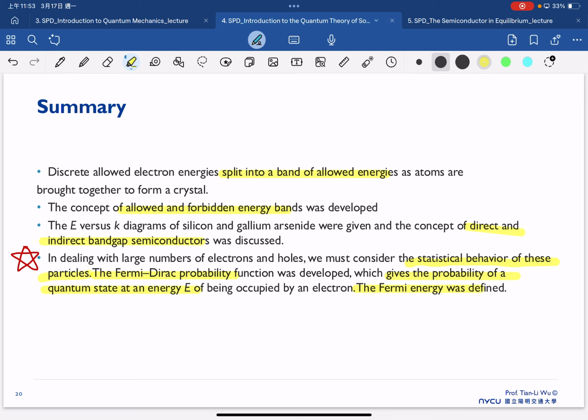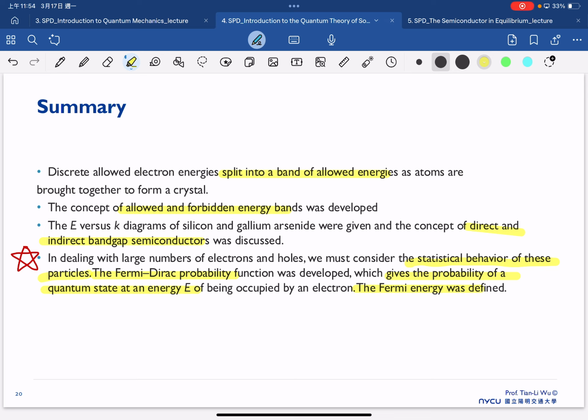We need to know how to determine the electrons and holes. So the first question to be addressed is how to determine the electrons and holes. We introduce the concept of the density of states, which describes the allowed quantum energy states in a certain place. And we also need to apply the statistical law, especially the Fermi-Dirac equation, to understand the whole particle behavior as a whole rather than a single one.